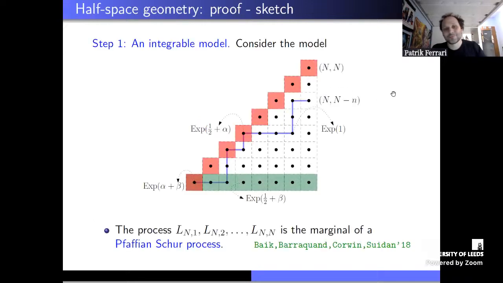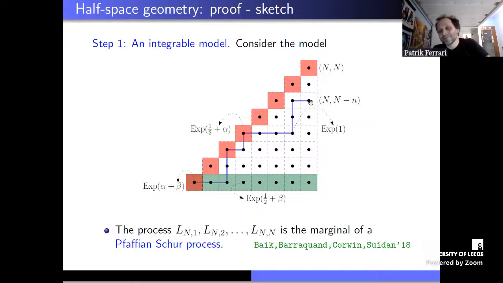In the last maybe 5 minutes, I want to mention a little bit how it works. What are the main differences with respect to the full space? So first of all, we use the result of Baik-Barraquand-Corwin-Suidan, which described the following situation, where the exponential 1/2 plus beta, 1/2 plus alpha, and here exponential alpha plus beta.